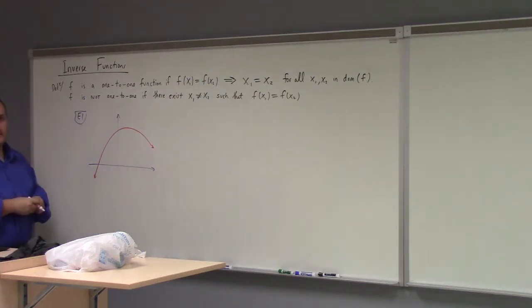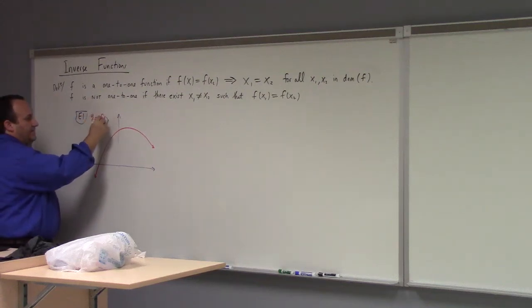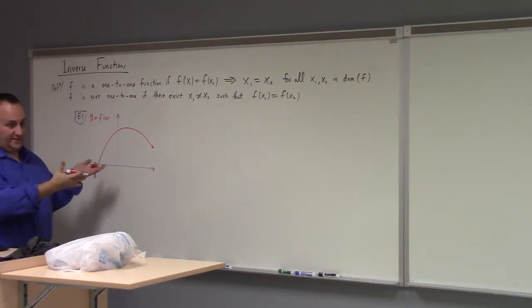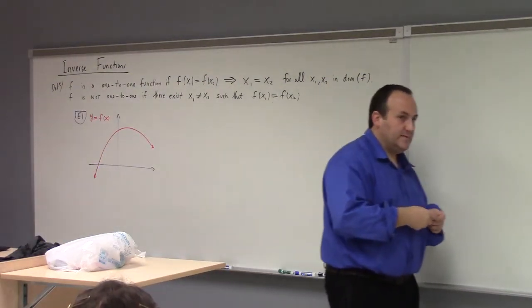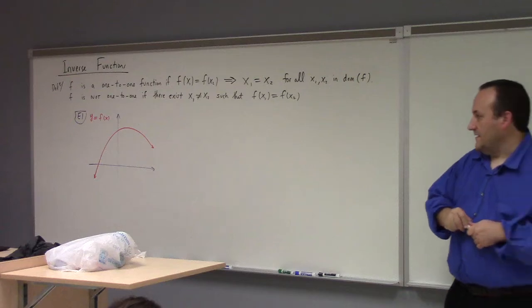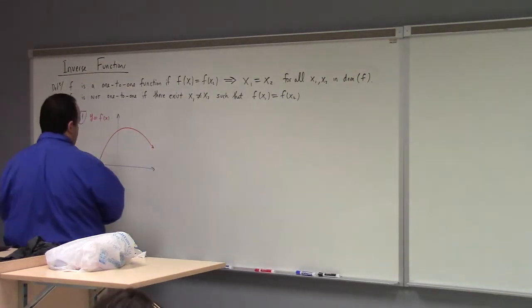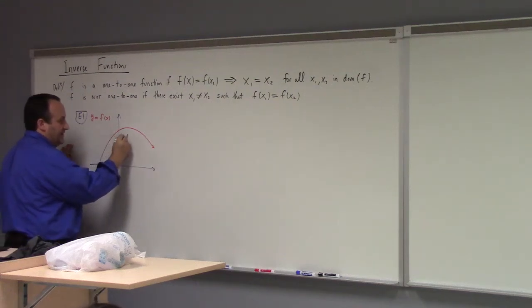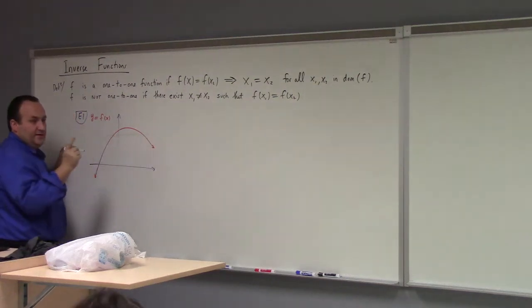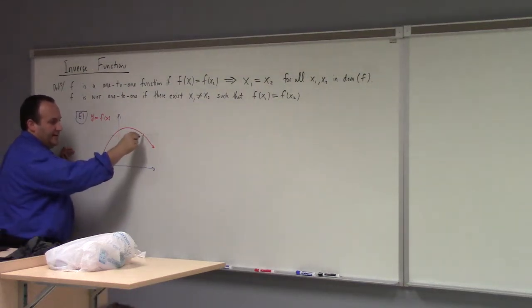If this is y equals f of x, if this graph is the graph of y equals f of x, something like that, that function is not one-to-one. The reason for that, we can see if we draw a horizontal line here like this. This horizontal line intersects the graph here and also here.